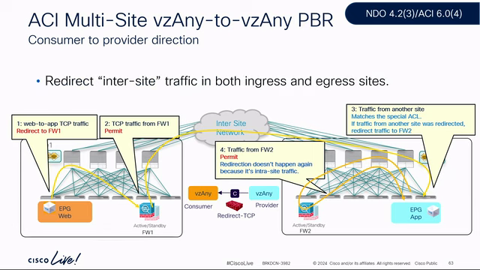So let me double click how it works. But the idea is instead of sticking on one firewall, we just redirect traffic to both of the firewalls. And this is applicable only for inter-site traffic. So imagine you have multi-site.